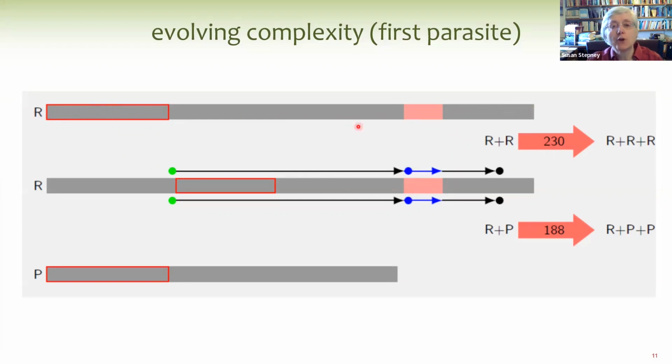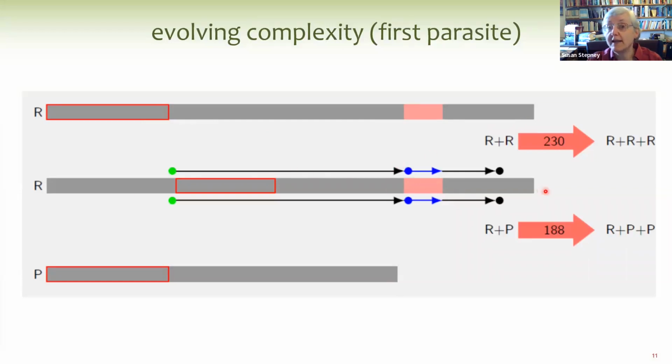And once it's finished copying this string, it falls out of the copy loop and carries on and does a little bit more housekeeping and tidying up until it stops executing here. And in this particular example of this string, it takes 230 steps and you start off with R plus R and you end up with a third replicator, a copy of this string.